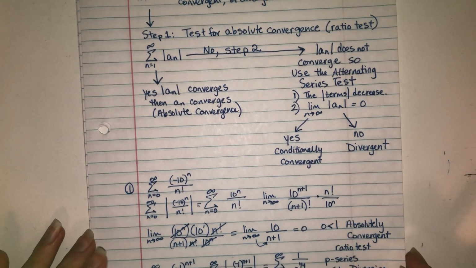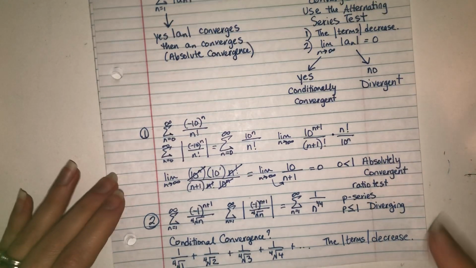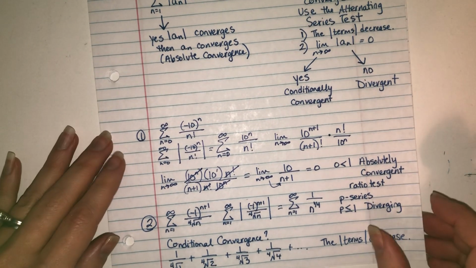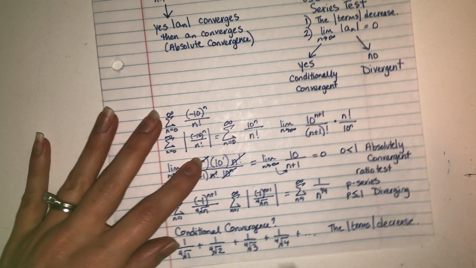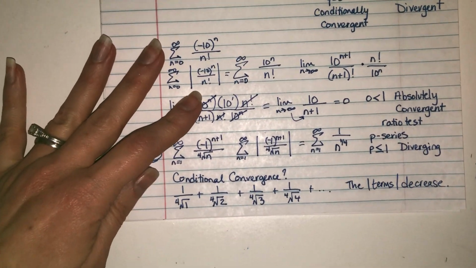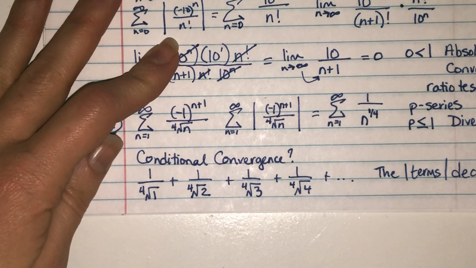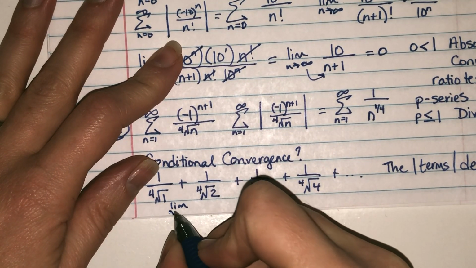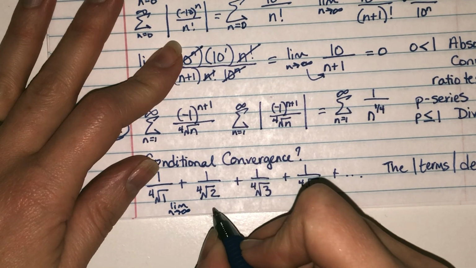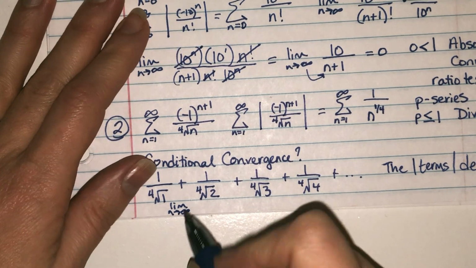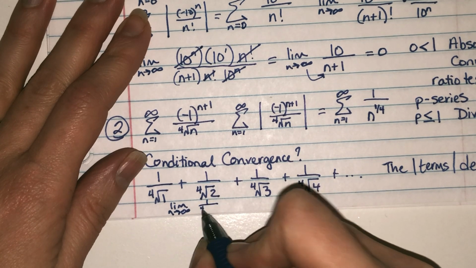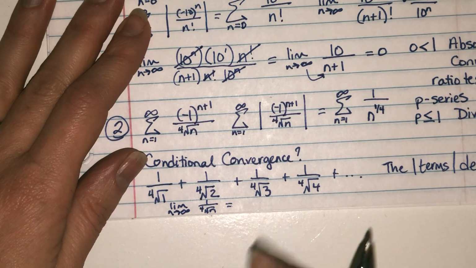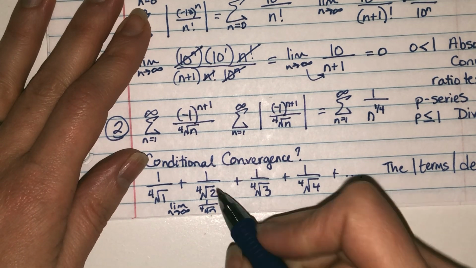So next, the next thing we have to look at is the limit of the absolute value. I'm running out of space here. I'm going to squeeze it. See if I can zoom in a little here. The limit as n approaches infinity of the absolute value series, which is 1 over the 4th root of n. So as n goes to infinity, the denominator grows, the numerator remains constant.